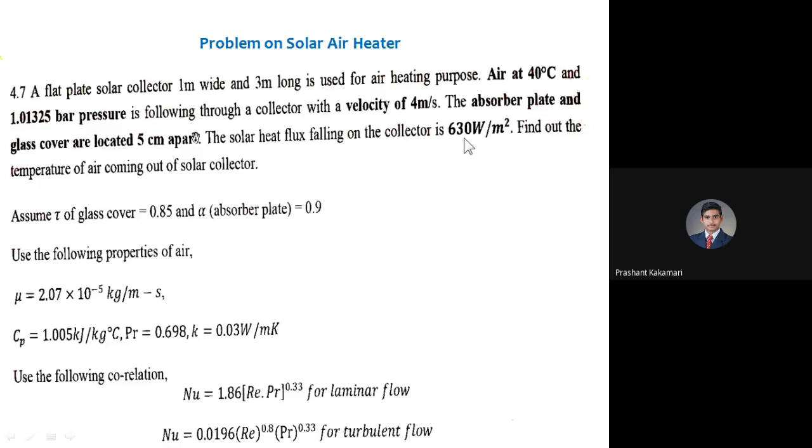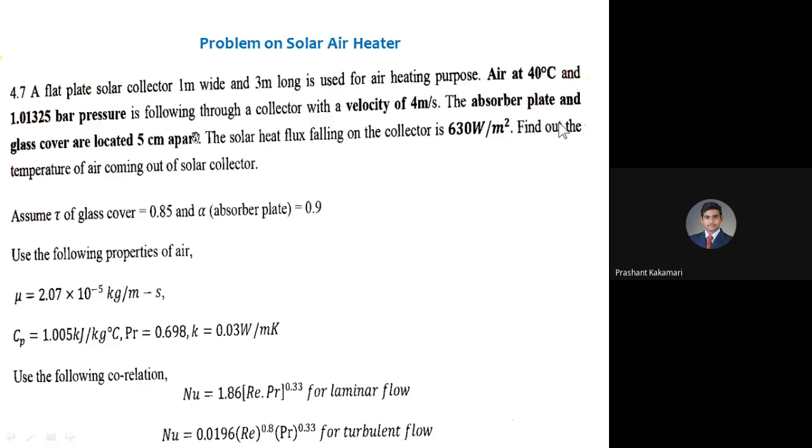Because 630 watt per meter square, per unit area, of solar energy is falling on the glass cover, then it is transferred to the absorber plate. Some energy is lost there because the glass plate is going to reflect some energy, and also it is going to absorb some energy. So these phenomena are called transmissivity and absorptivity. Using that, one can find out the actual heat flux falling on the absorber plate. So the absorber plate is very important.